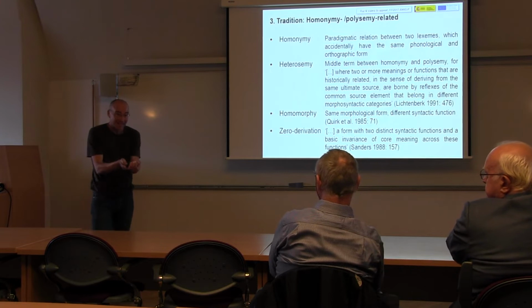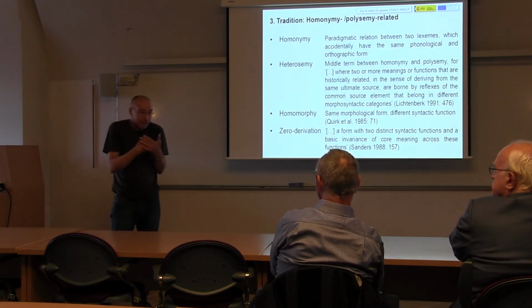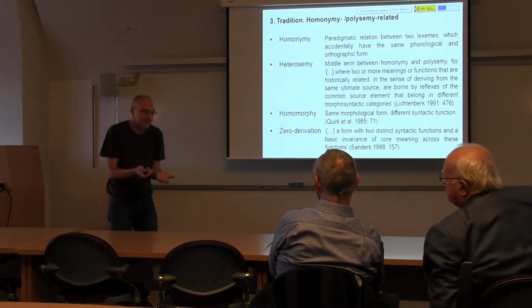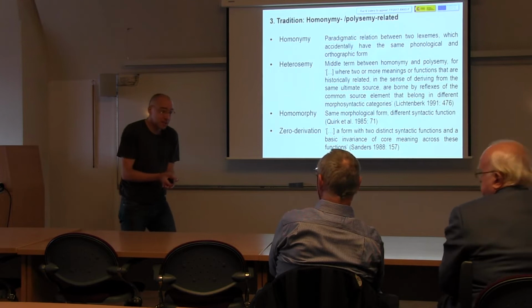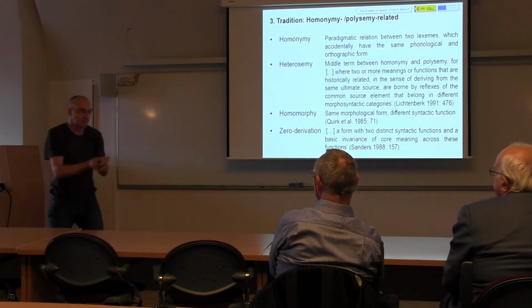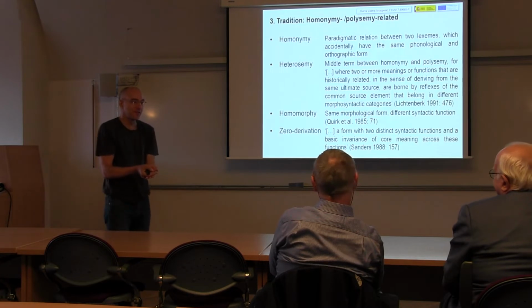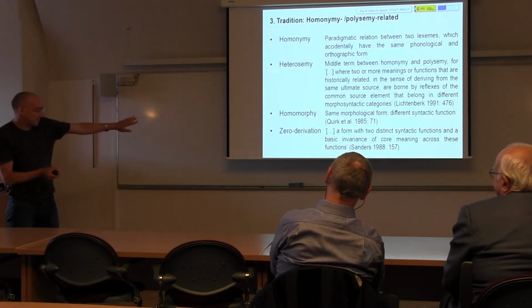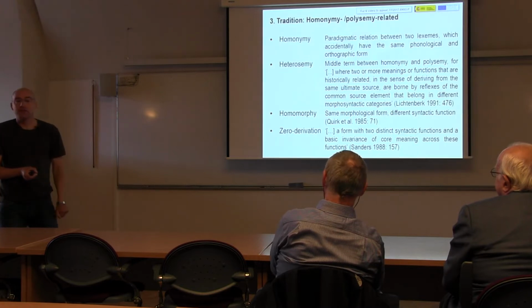So Quirk, Greenbaum, Leech, and Svartvik proposed the term. For me, it makes perfect sense, but then nobody seems to be using it. It is used in Czech. You see? But then this is my ignorance of some sources. Sorry about that. Last, zero derivation.